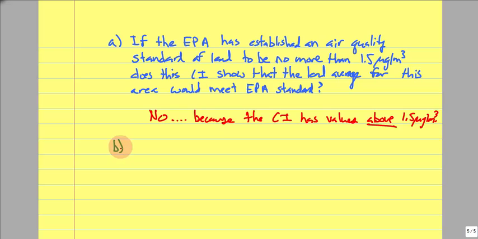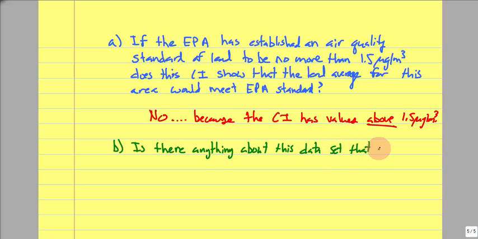Second question, B. Is there anything about this data set that indicates the confidence interval might not be very good?